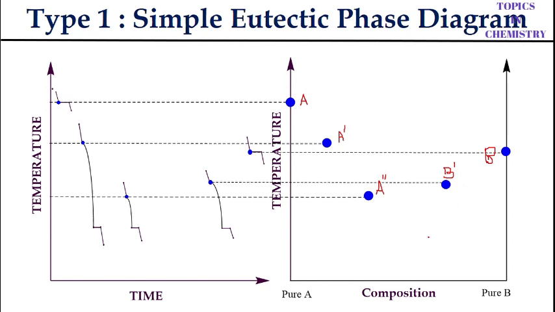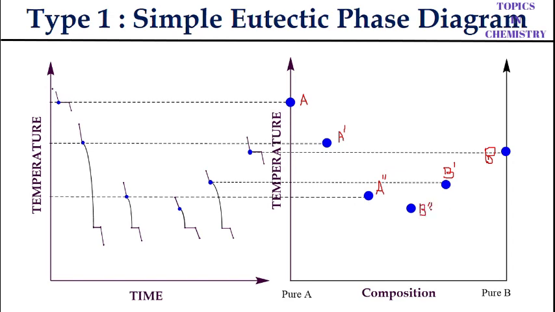Next you'll get the next freezing point. Here the amount of A now increases in B, so again freezing point depression occurs, and you'll get the next point, B double prime.